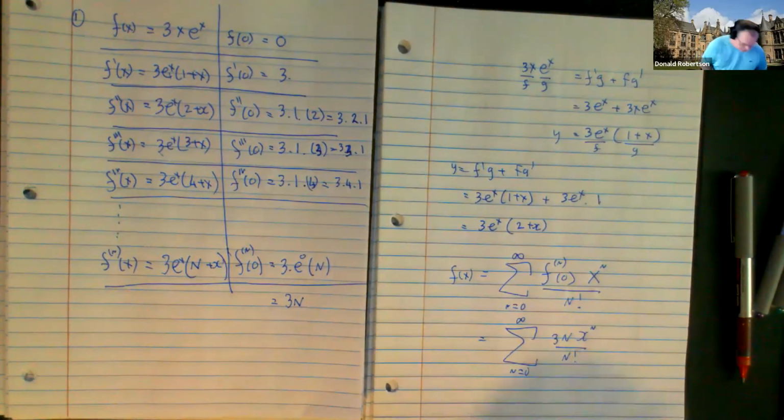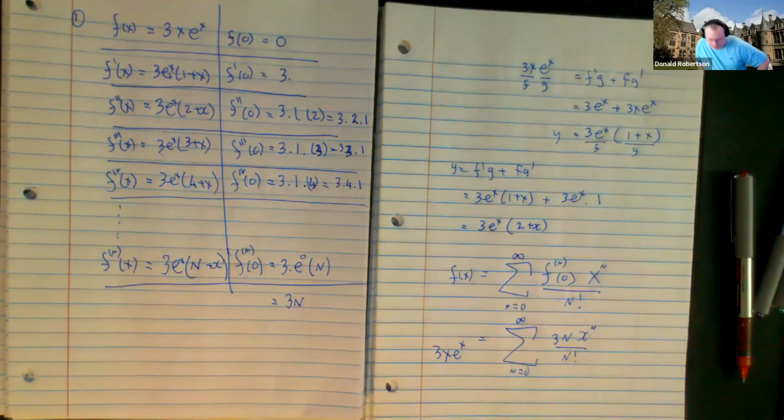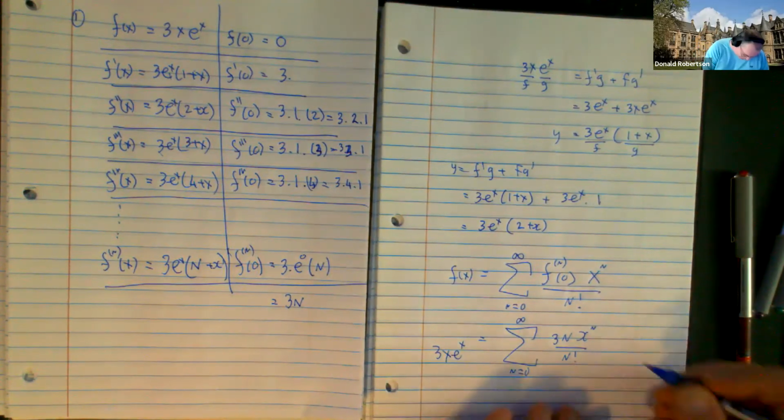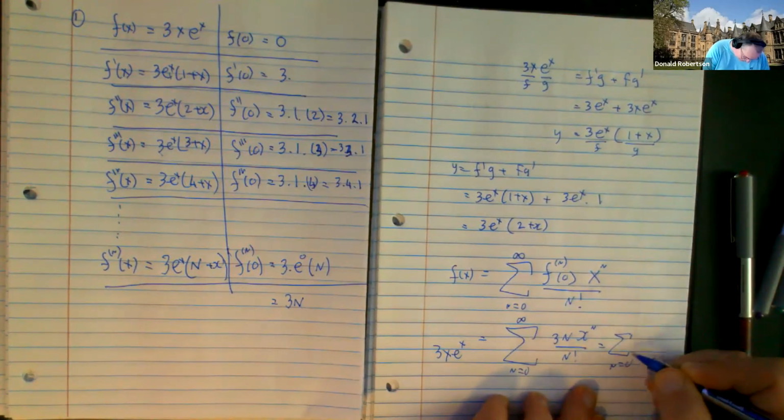There's your power series for 3x e to the x, if you wanted to do it from scratch. I don't think I'm too worried about this if you didn't see it, but I can make this a little bit prettier.